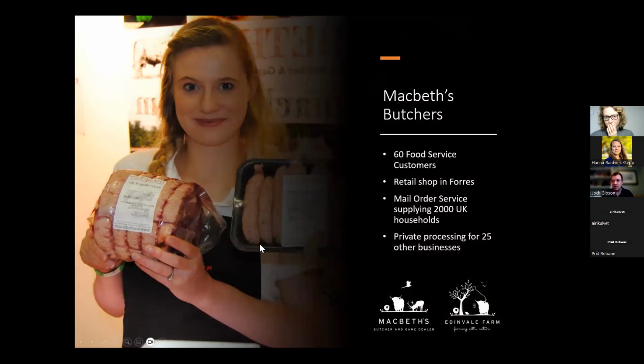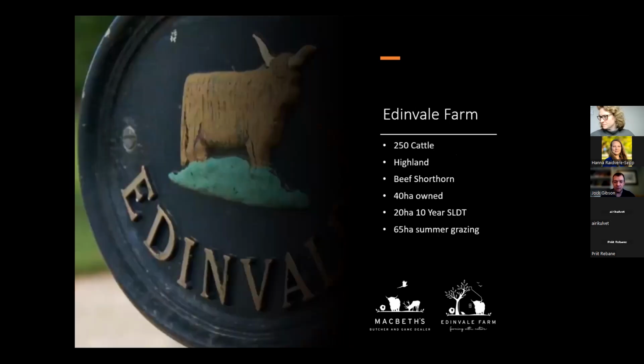So our butcher shop, we're mostly food service, so supplying hotels and restaurants, but we also have a retail outlet, and we have a mail order service, so we're sending meat throughout the UK, and we cut and pack for other people. The common denominator is everybody that buys from us is looking for a very high quality, consistent product.